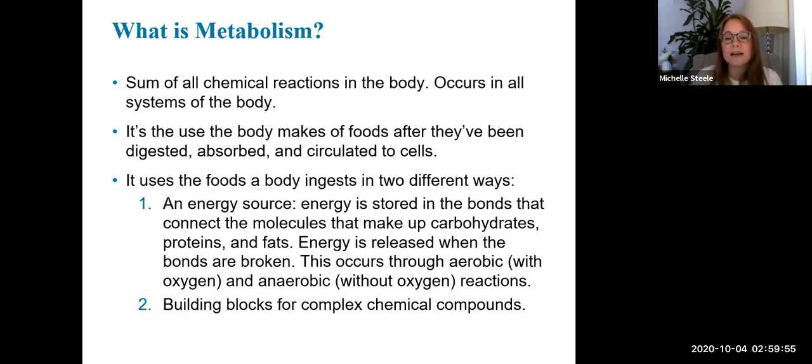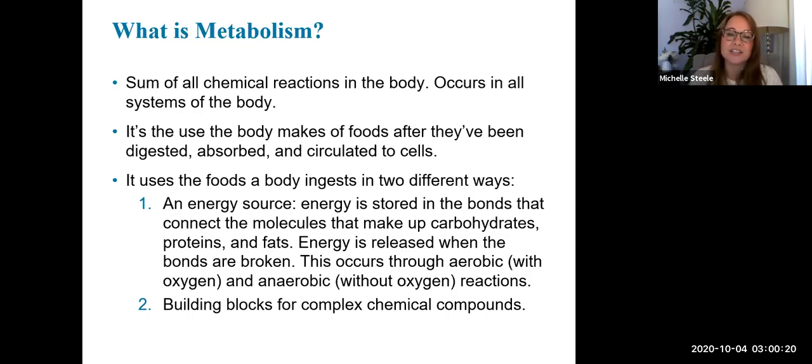So these are some chemical reactions that occur during the breakdown, the digestion of our food, the absorption of our food, and how that then gets circulated to the cells, and how our body is going to use this food in 2 different ways. The first is as an energy source.